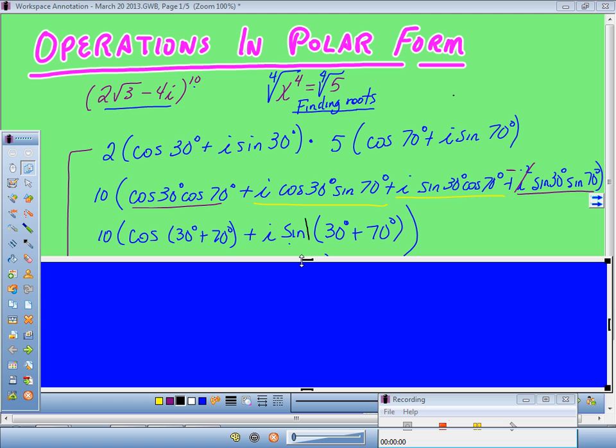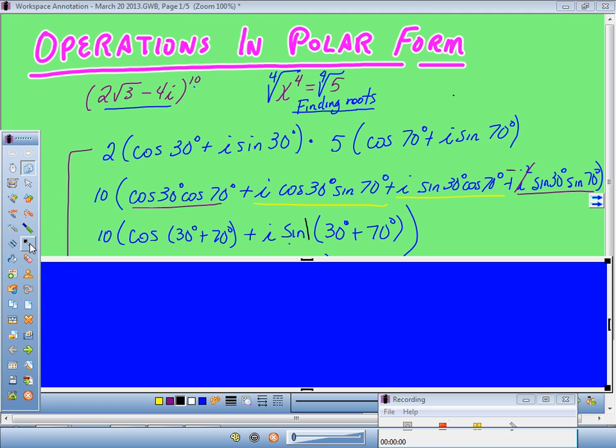Then I'm going to do the same thing with the 2 terms in the middle, the yellow terms. If I pull the i out front, you'll notice that cosine 30, sine 70, and sine 30, cosine 70 are actually part of the sine of A plus B identity.